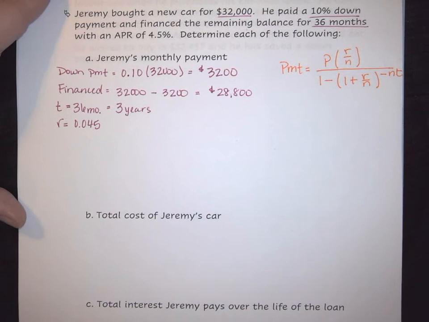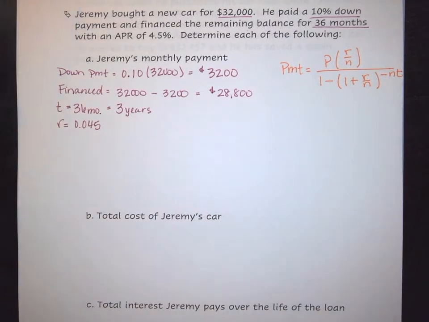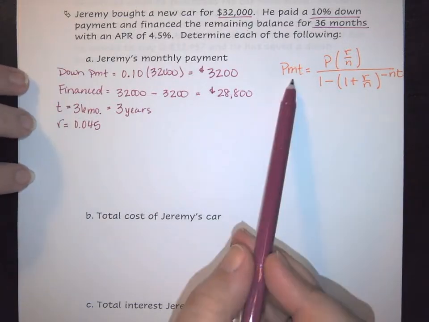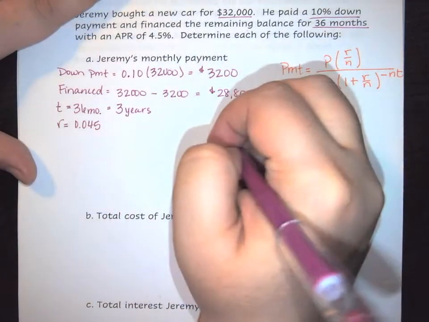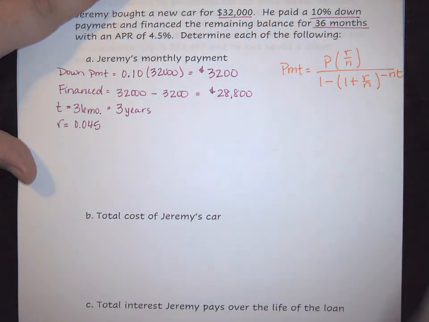Okay, so that is the formula that we are going to work with. And so what we have to do is plug in the information we've been given. So payment is what we're looking for. We have the P.